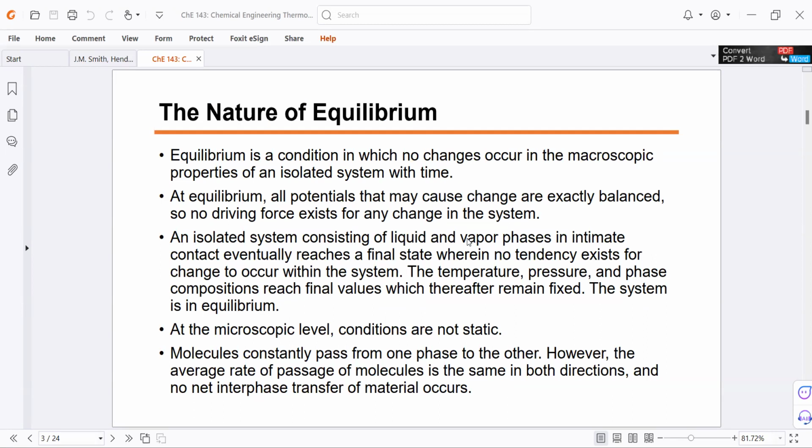Phase equilibrium is important for designing and optimizing distillation columns used in separating liquid mixtures. We also have chemical processes, because many industrial chemical processes involve phase changes, and therefore phase equilibrium data is important for designing and operating these processes efficiently.